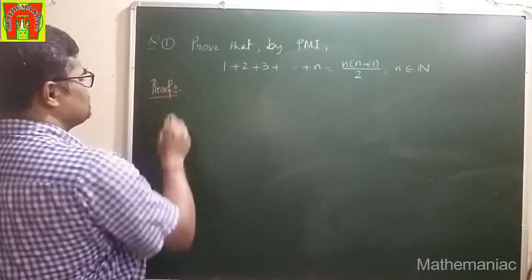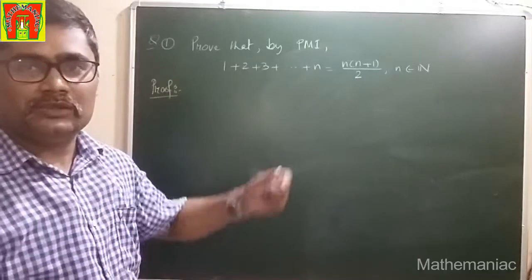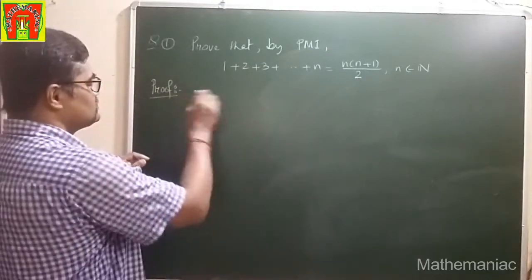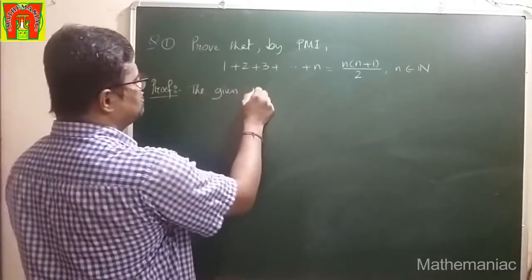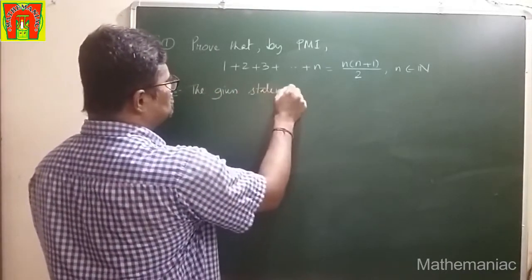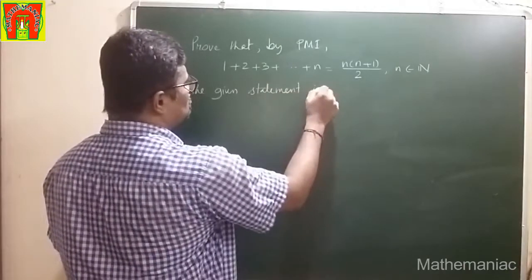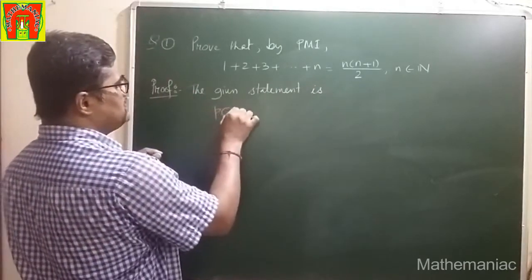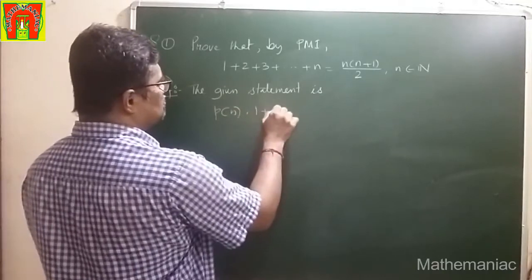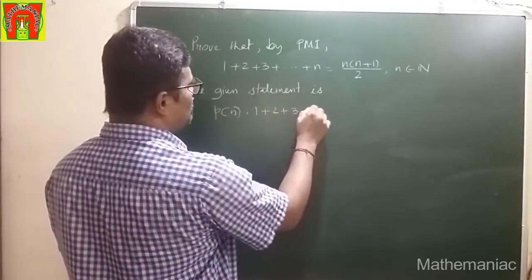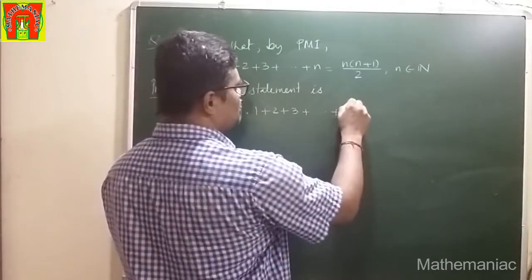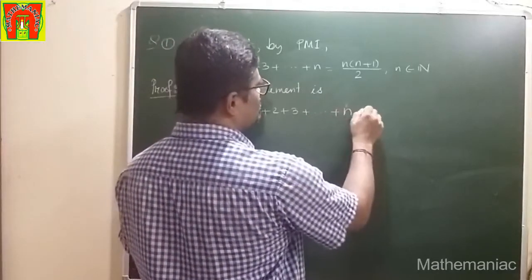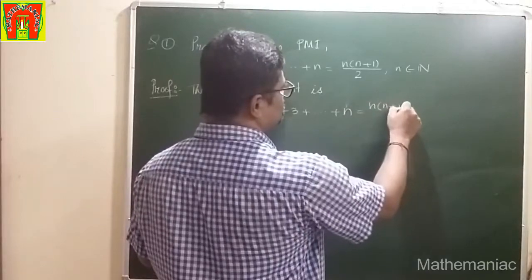Remember those steps. First step, you have to name the argument, right? So we'll write, the given statement is Pn. This is the style how we denote a statement. There should be 3 dots only. Do not write more number of dots.